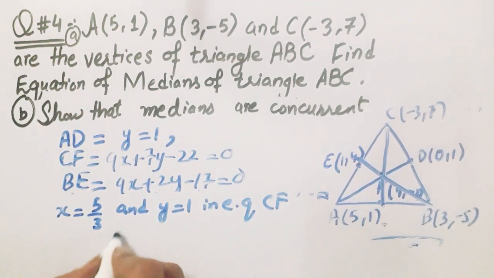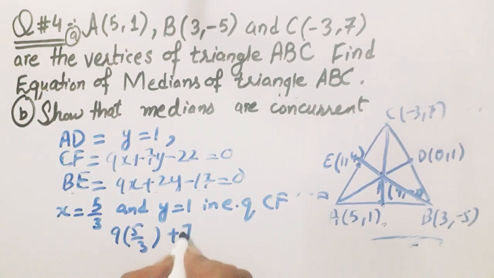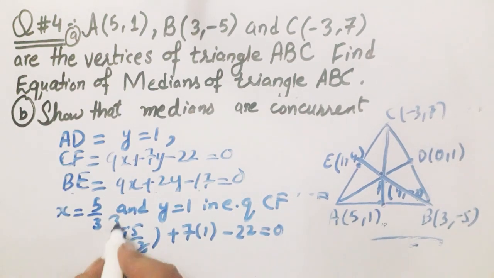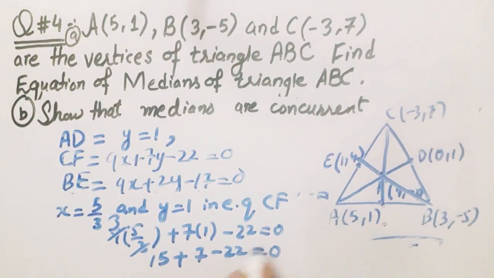So we will get 9 into 5 by 3 plus 7 into 1 minus 22 is equal to 0. So 15 plus 7 minus 22 is 22 minus 22, which implies that 0 is equal to 0. It means that the medians are concurrent.